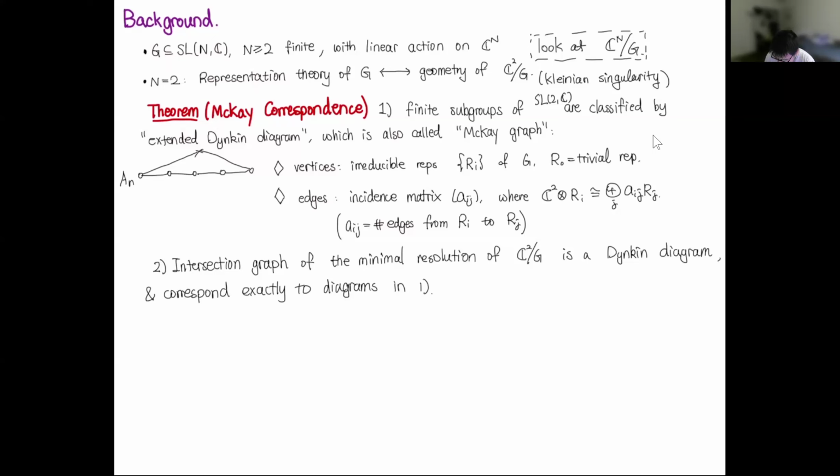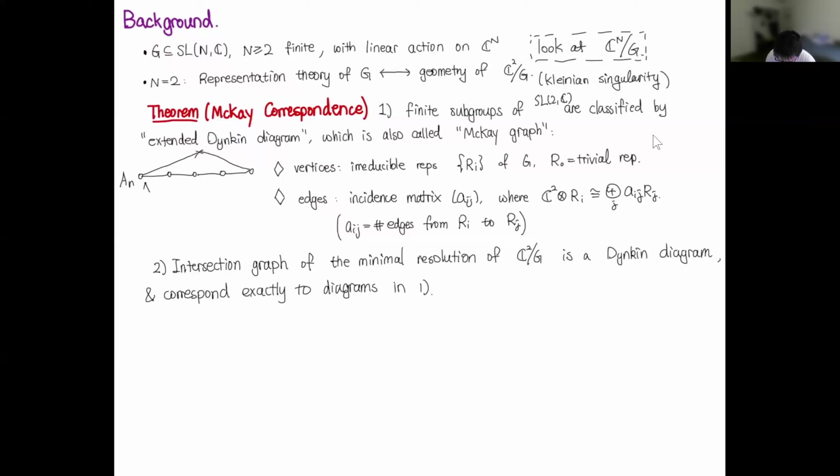So the vertices are irreducible representations, each one an irreducible representation of the finite group. And this one is distinguished. It is the trivial representation, which always appears in every group. Trivial means dimension 1, and the action is identity.